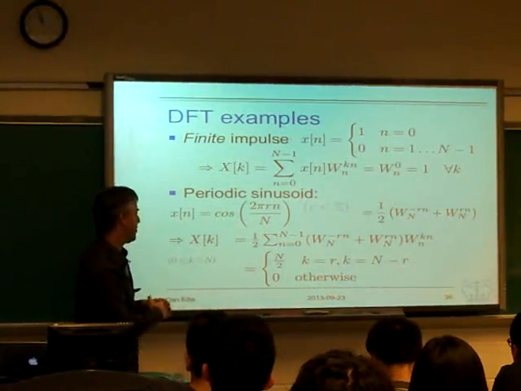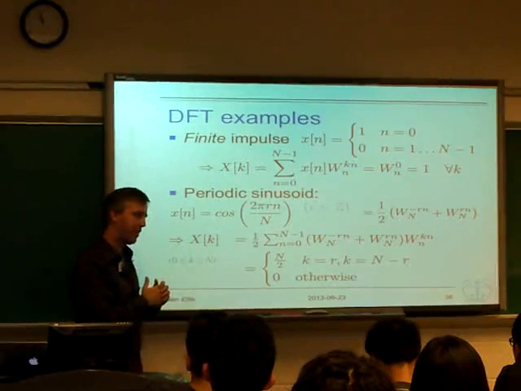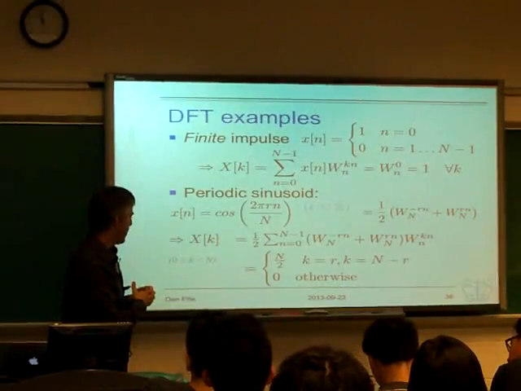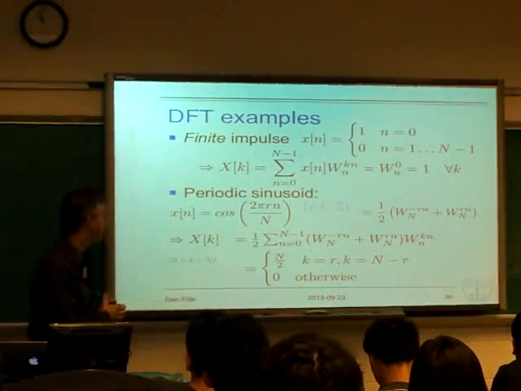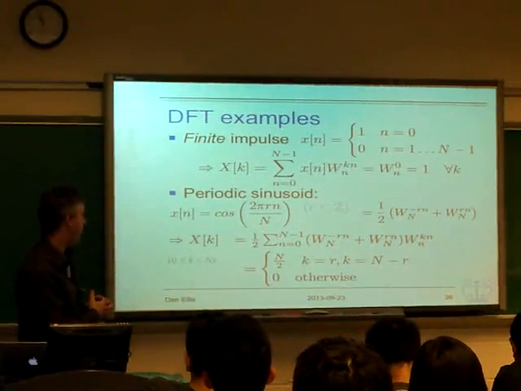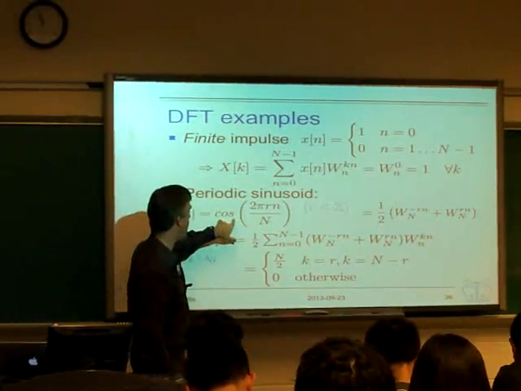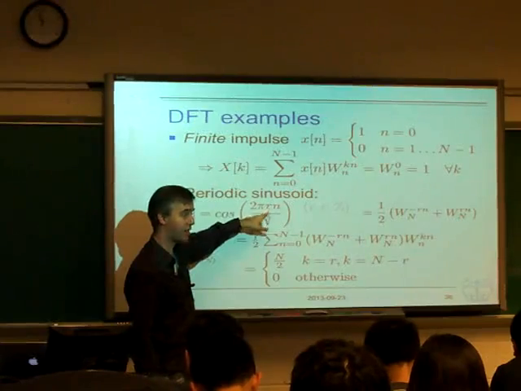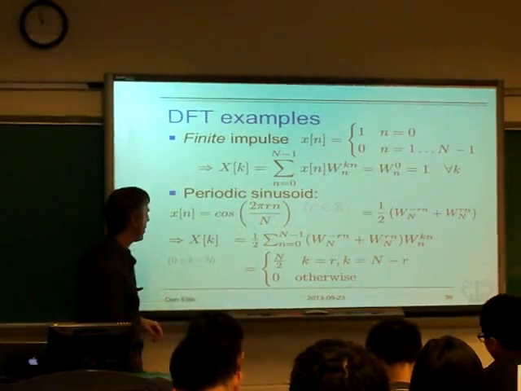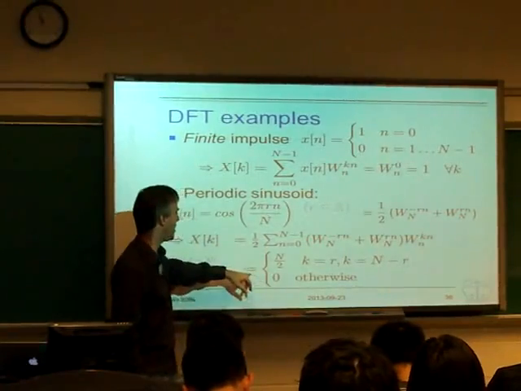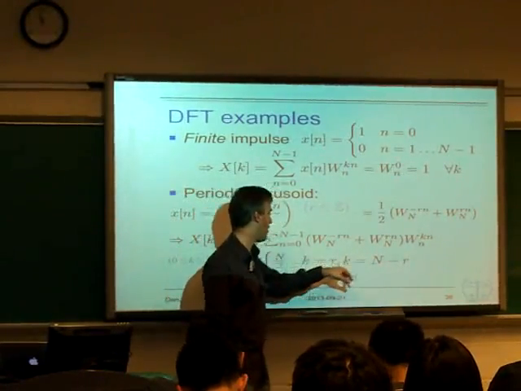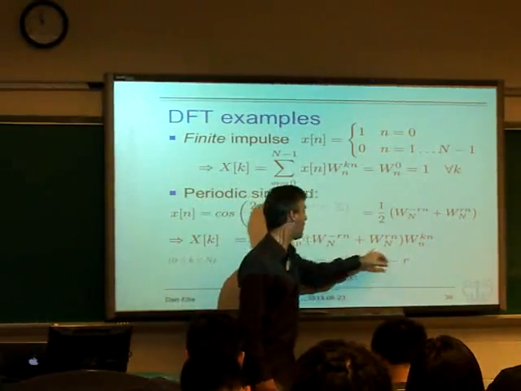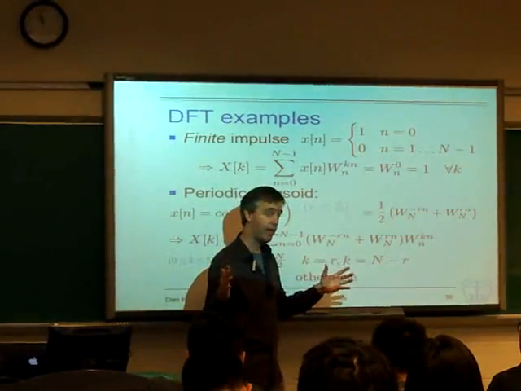So again, with these periodic things, you have to be a little bit careful about which range of indexes or values you're talking about. And so that is saying that for this sinusoid completing R cycles per big N point window, the spectrum is 0 for all frequencies except for the indices that correspond to the positive version of that frequency and the negative version of that frequency aliased onto this big N cycle.